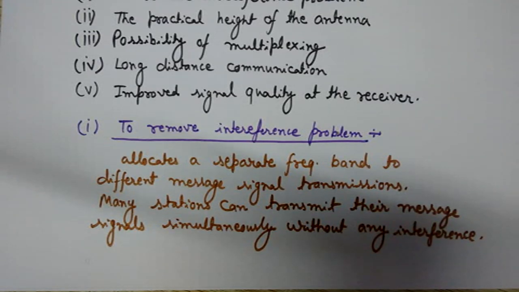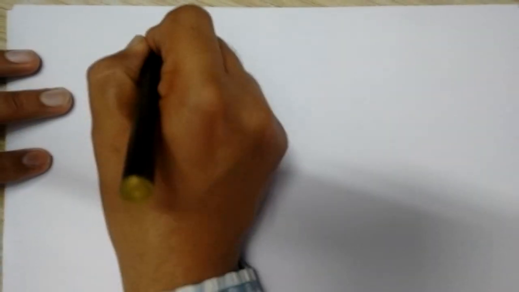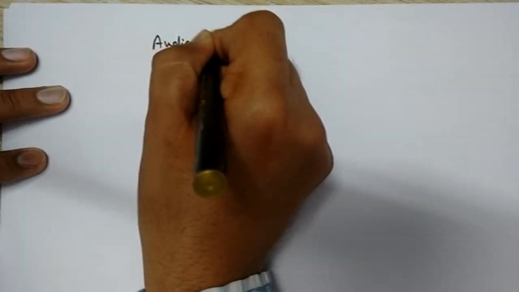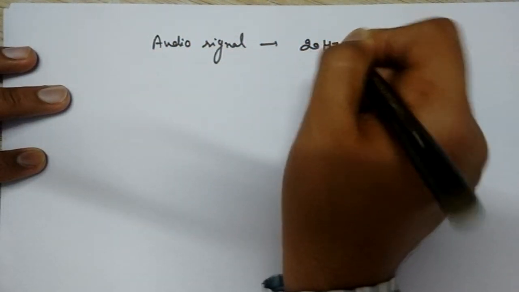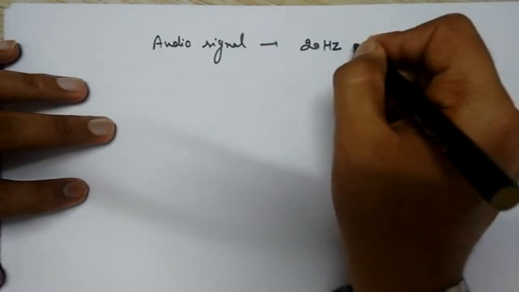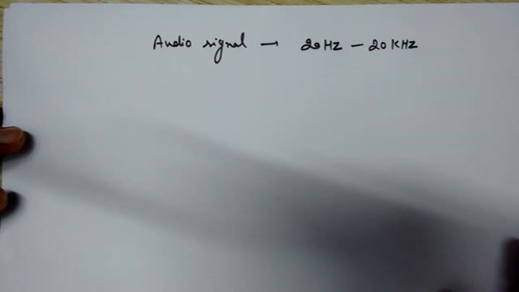For example, the audio signal lies in the range of 20 Hertz to 20 kilohertz. What is the range of audio signal? 20 Hertz to 20 kilohertz, meaning 20 Hertz to 20,000 Hertz.